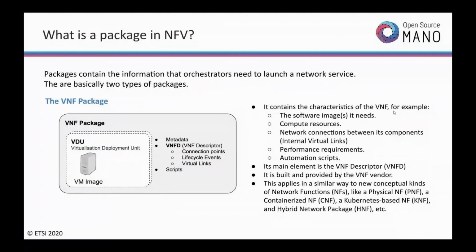So orchestrators would take that information and go to the VIMs, SDN controllers, automation platforms, Kubernetes clusters, whatever it needs to implement that network function and configure that network function so it's ready to provide a service.